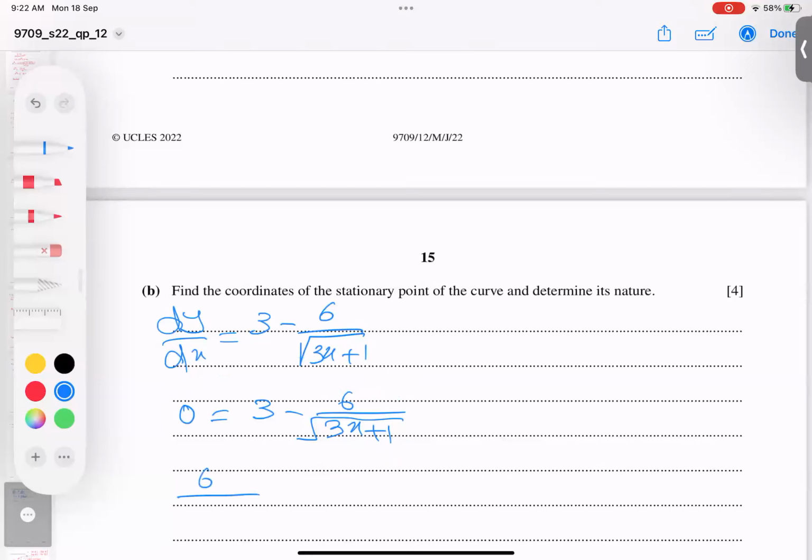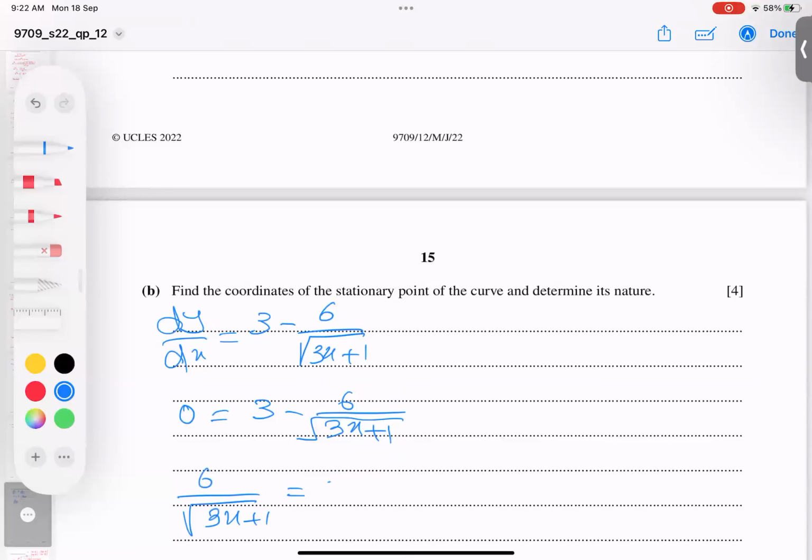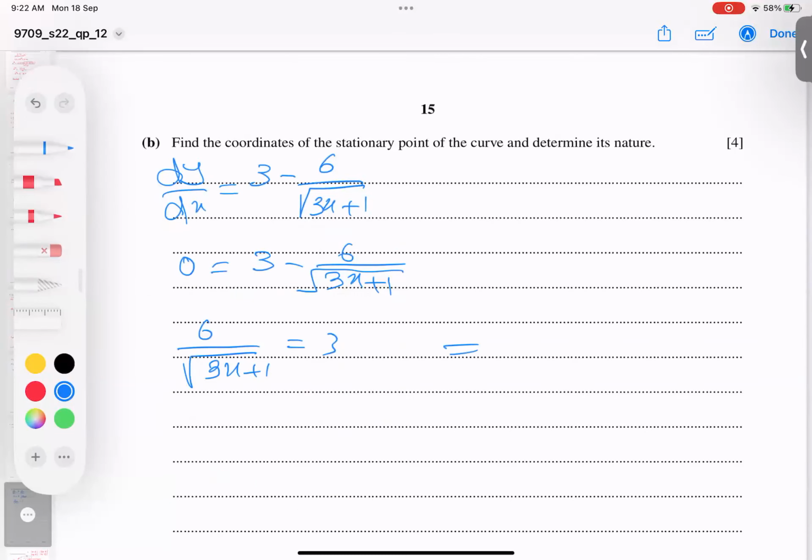It becomes 6 over root of 3x plus 1 equals 3. Cross multiply, it becomes 6 equals 3 times root of 3x plus 1. 3 will go down, becomes 2. So root of 3x plus 1 equals 2.